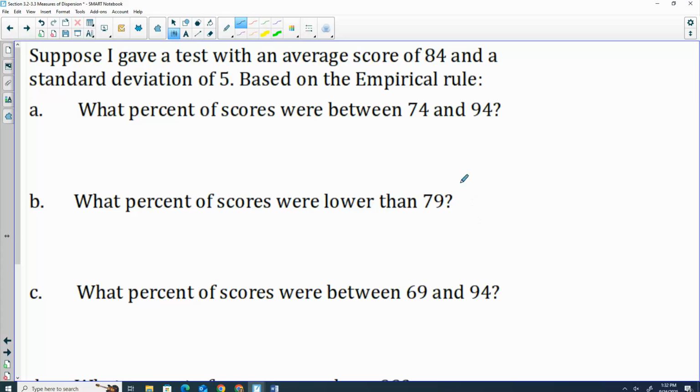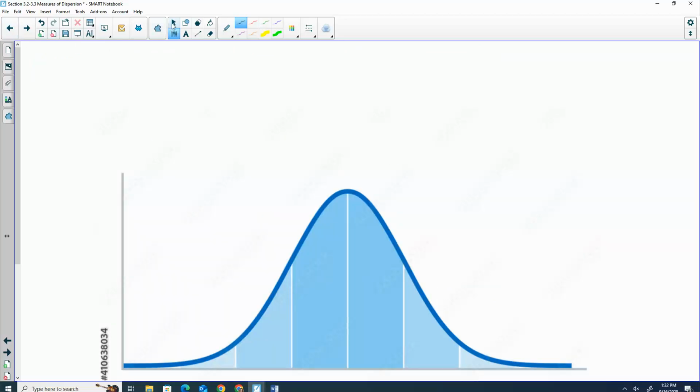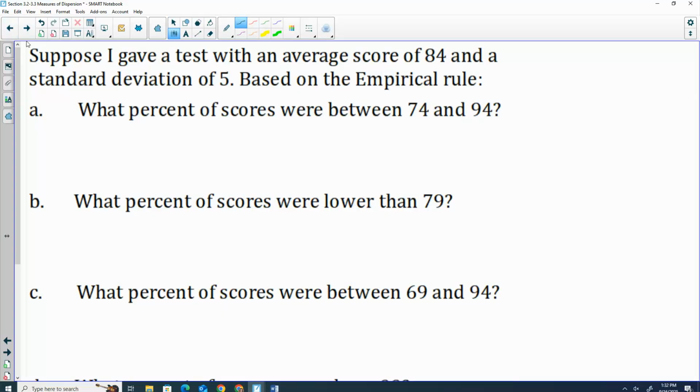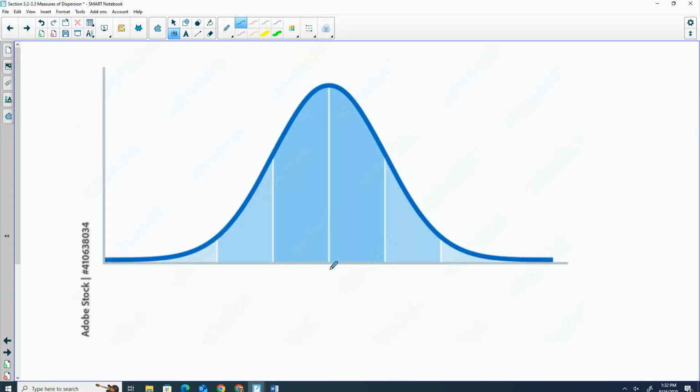Suppose I gave a test with an average score of 84 and standard deviation of 5. Okay, if it's helpful, you can always use these curves to help you. If I said the average was 84, where does that go? And the standard deviation is 5, so what would we do? Add and subtract.